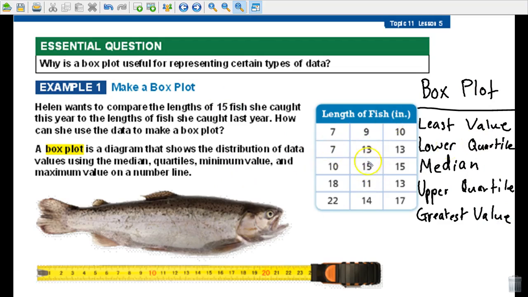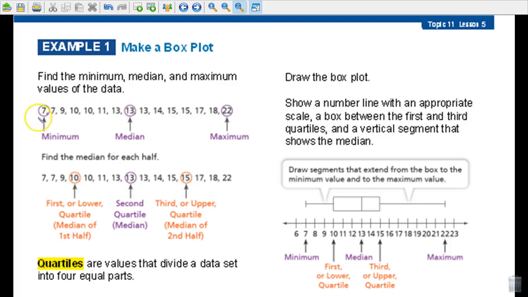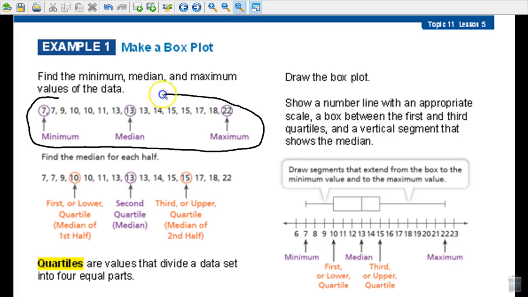So the first thing we would do is take all these numbers and put them in order from least to greatest. Already got it. So clearly your least value, or LV, would be 7.